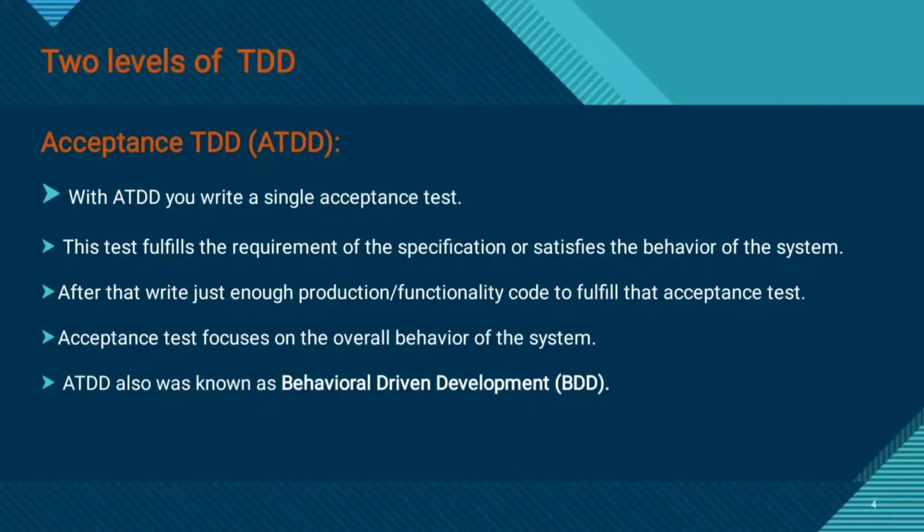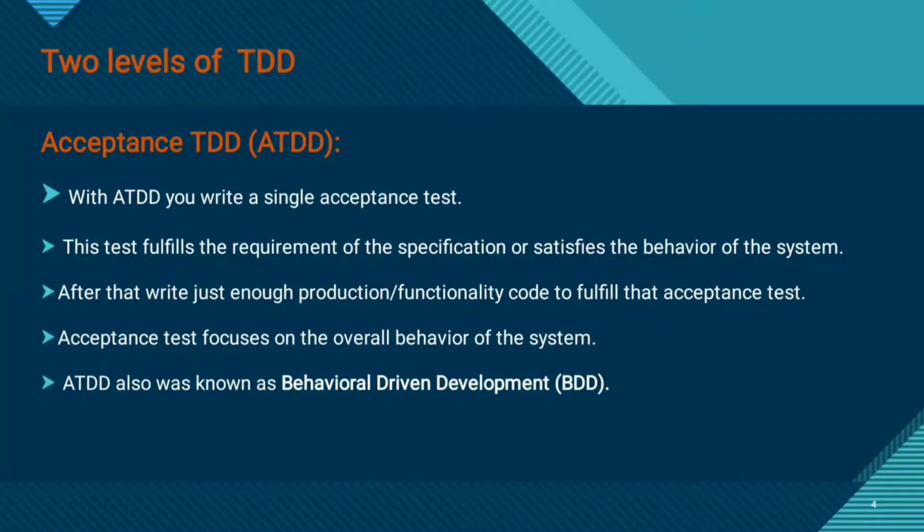There are two levels of TDD: acceptance TDD, ATDD. With the help of acceptance TDD, you write a single acceptance test. This test fulfills the requirements of the specifications or specifies the behavior of the system, which means it satisfies the requirement of the behavior of the system.